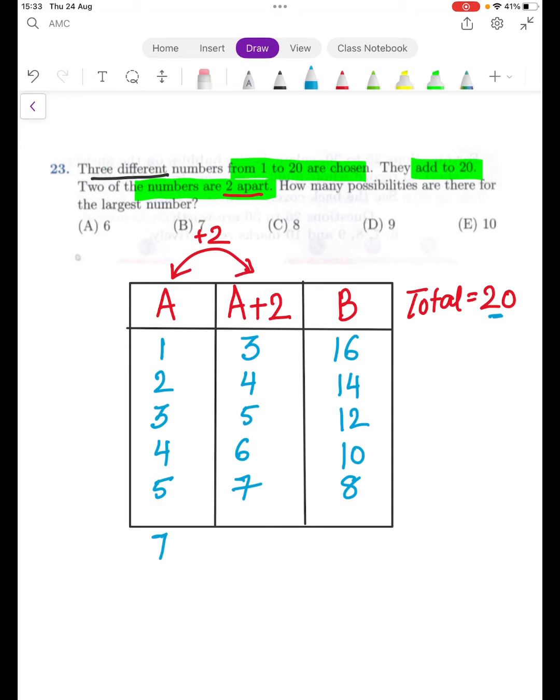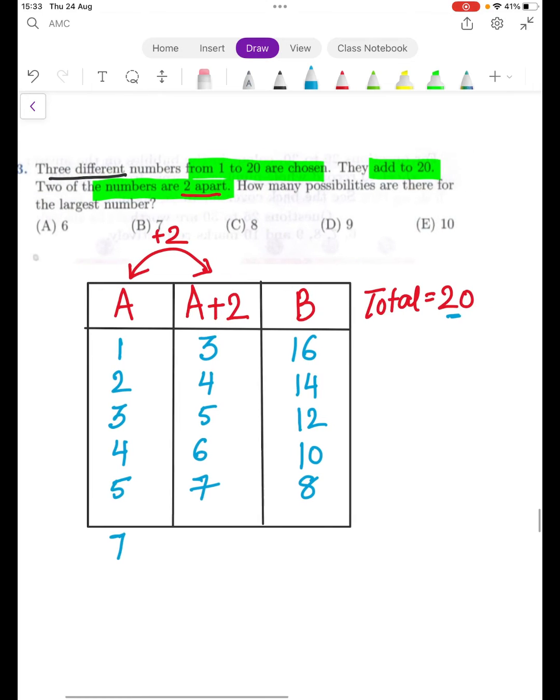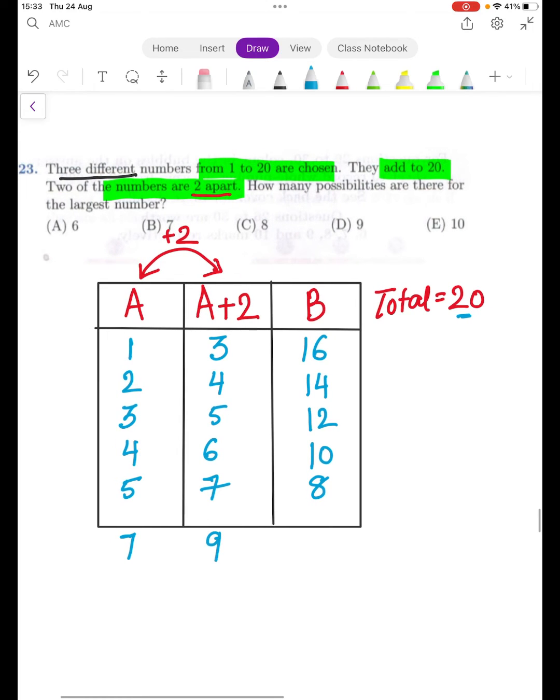Let's go to 7. If the smaller number was 7, this number has to be 9. 9 plus 7 is 16. That means the other number has to be 4. If this was 8, this has to be 10, that's 18, and then the other number becomes 2. Now, if we carry on, let's say this number was 9, this has to be 11.